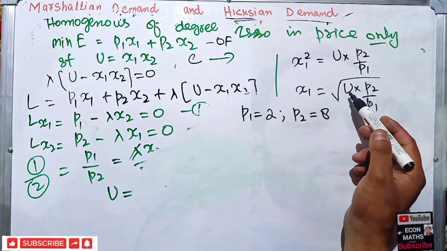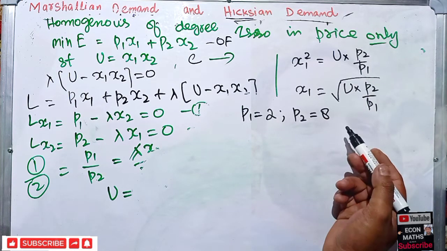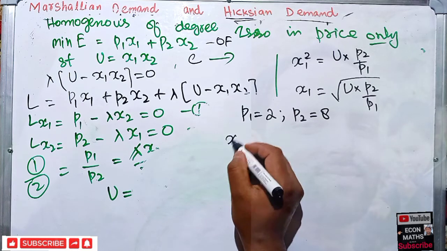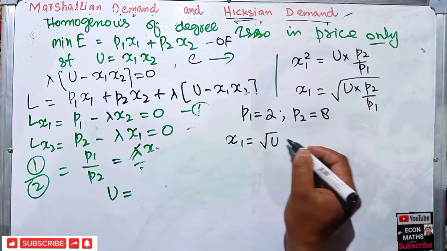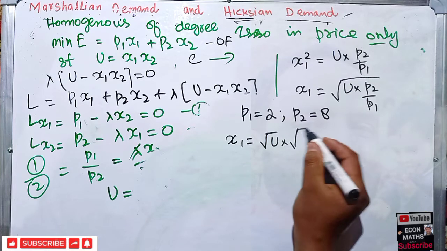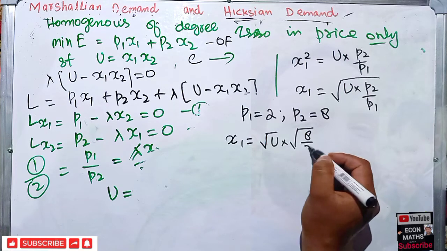Since utility is constant, we hold utility constant, we will not write anything here. So our demand would be equal to under root u times under root p2 is 8, p1 is 2.